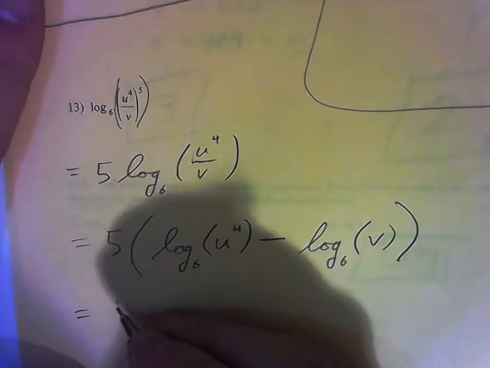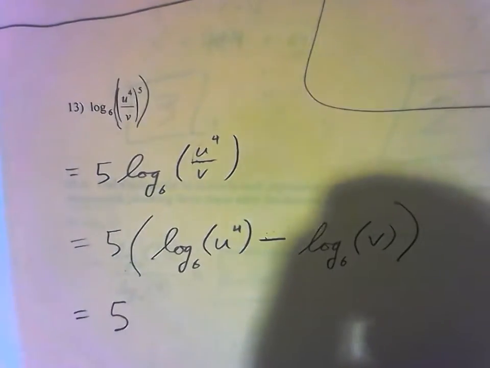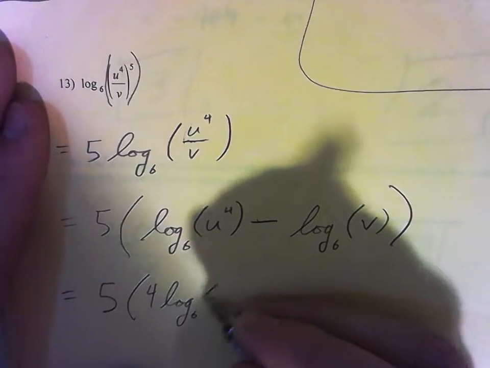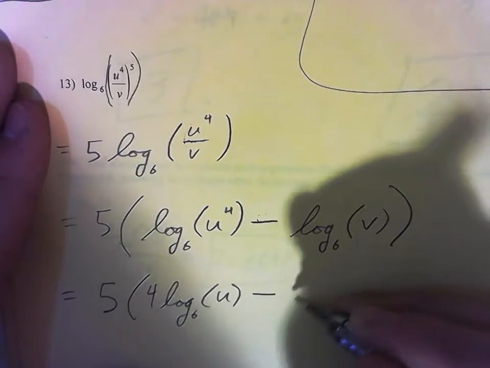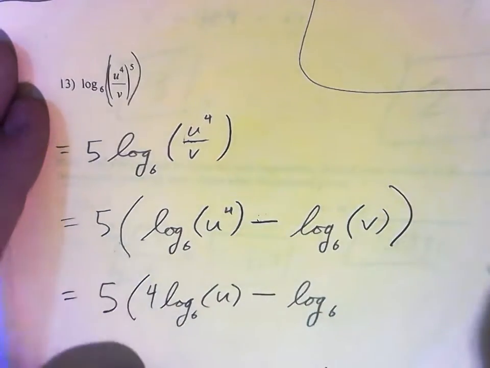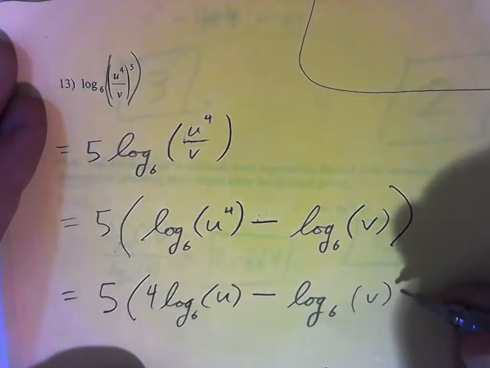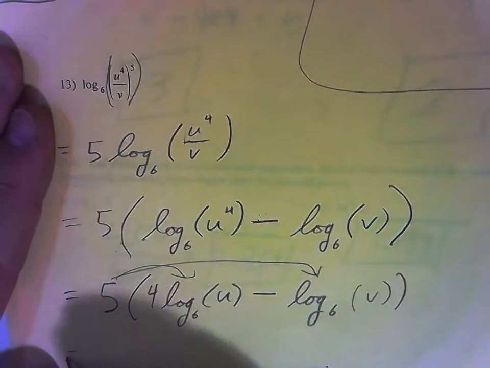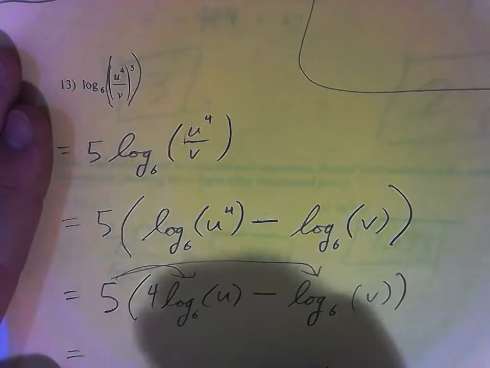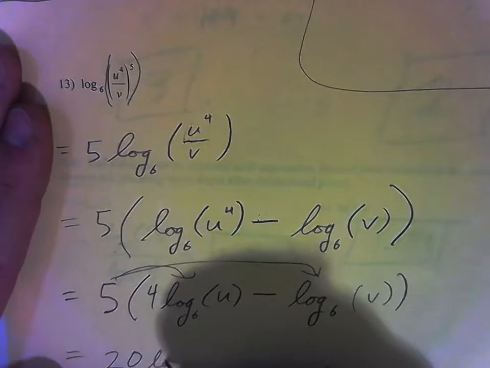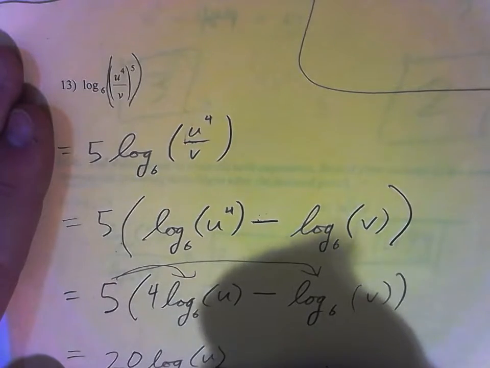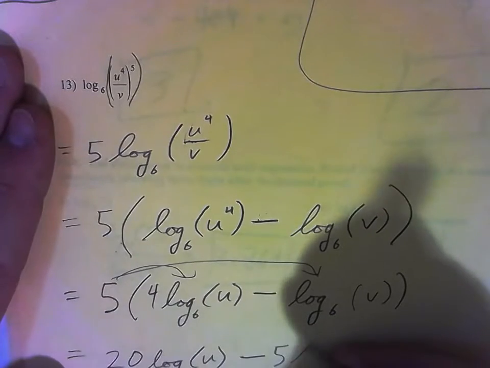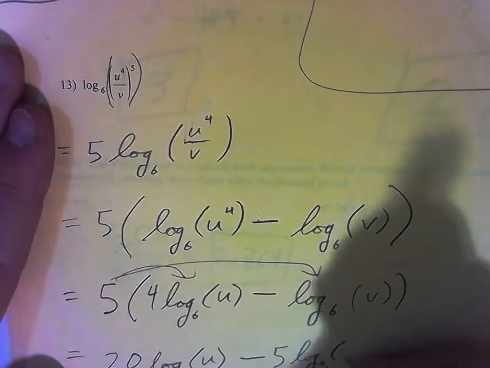Then, similar to the last couple steps on number 11 here, 4 log base 6 of u minus log base 6 of v, and distribute the 5. 5 times 4 log base 6 of u is 20 log base 6 of u. 5 times log base 6 of v is 5 log base 6 of v.